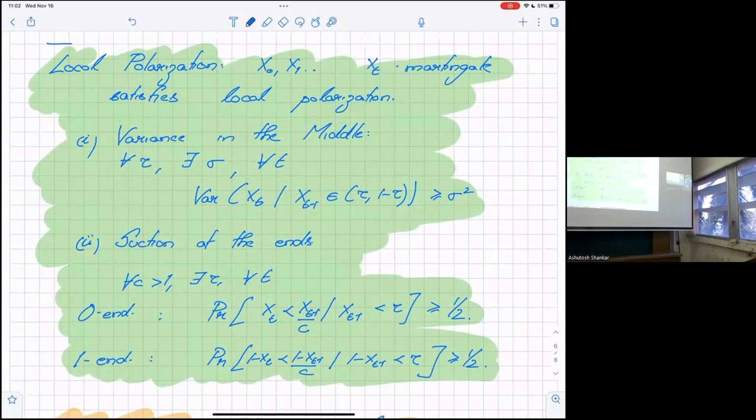I tell you how fast I want to converge, then you tell me what you mean by the end. If you are so close to the end, then at each step with probability at least half you become a factor C even closer to the end. That's what the fraction at the ends is going to tell you.